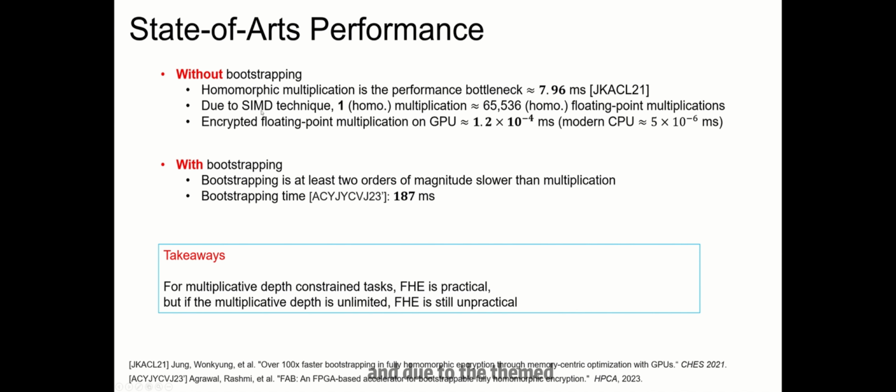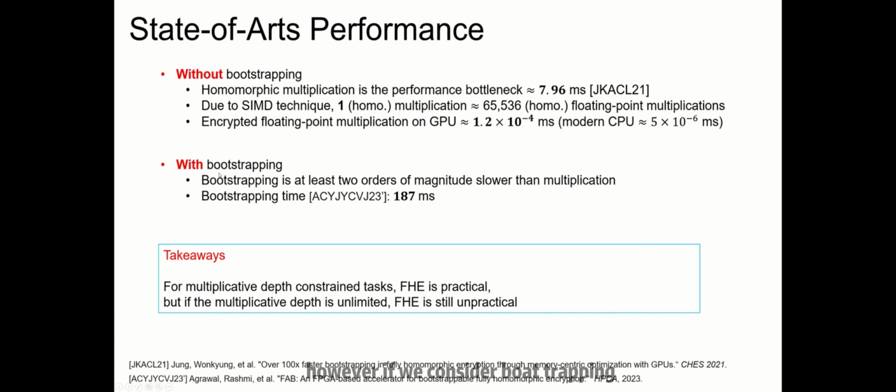And due to the batch encoding technique, which I didn't cover in this talk, one homomorphic multiplication is equivalent to about 65,000 homomorphic floating point multiplications. Computing this way, one encrypted floating point multiplication on GPU can be done in 1.2 times 10 to the minus 4 milliseconds. And note this value is gradually approaching the modern CPU performance for a normal, unencrypted floating point multiplication.